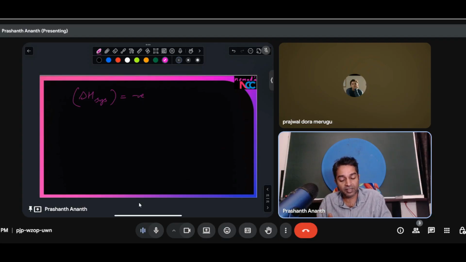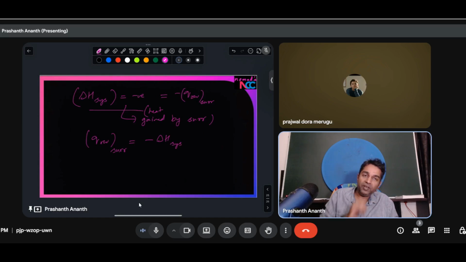This is going to be gained by surroundings. Heat gained by surroundings. So effectively we can say delta H of system is nothing but minus of Q reversible of surroundings. Meaning I can write Q reversible of surroundings to be equal to minus delta H of system.